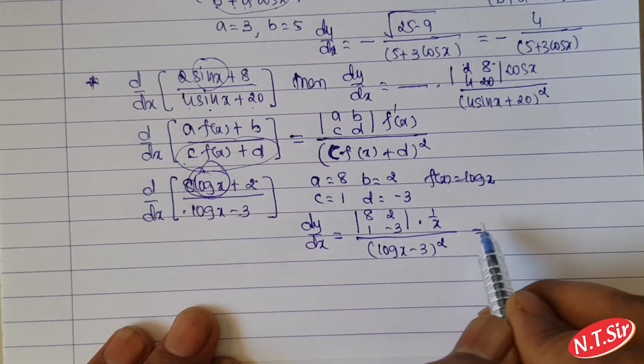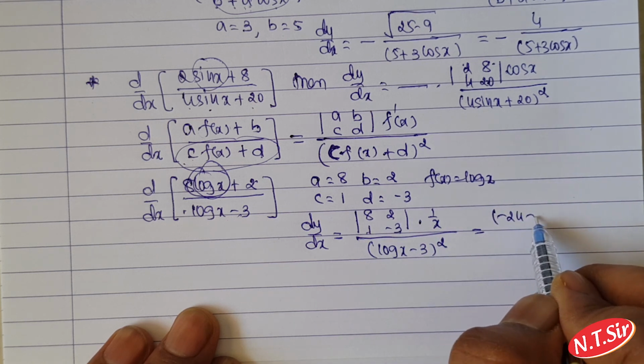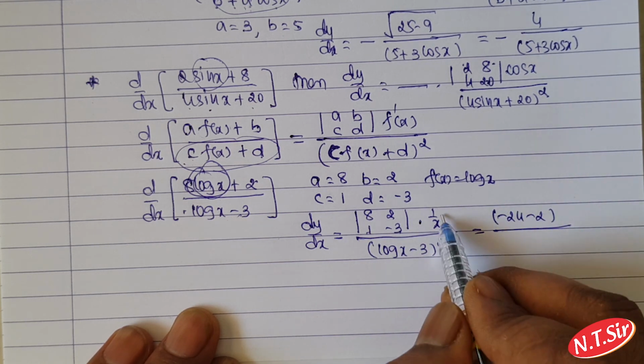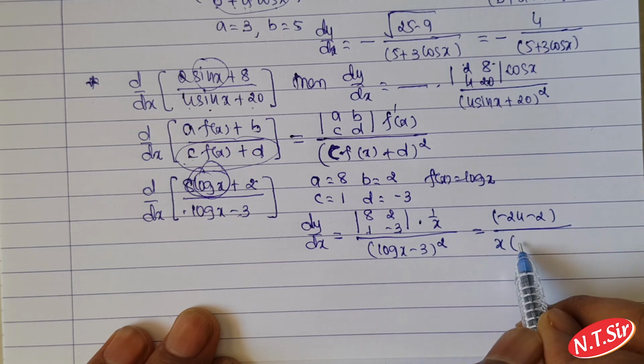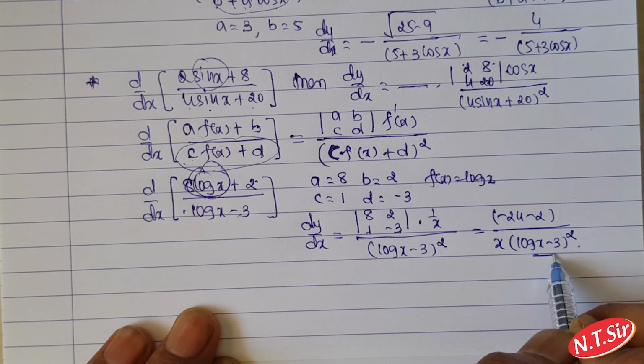So your answer will be minus 24 minus 2 upon x into (log x minus 3) whole square.